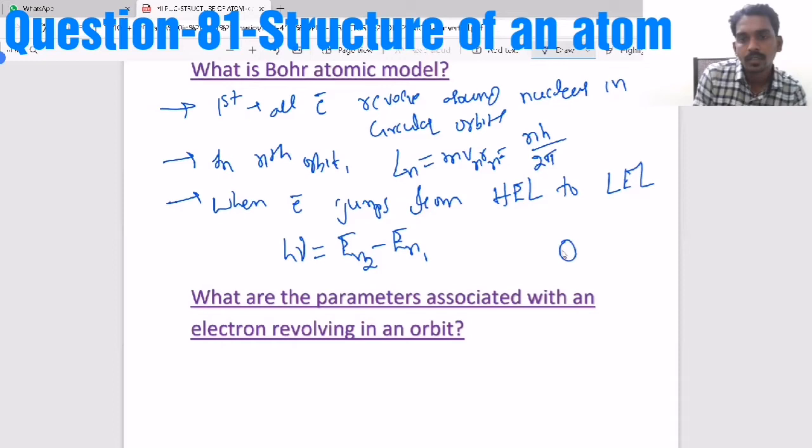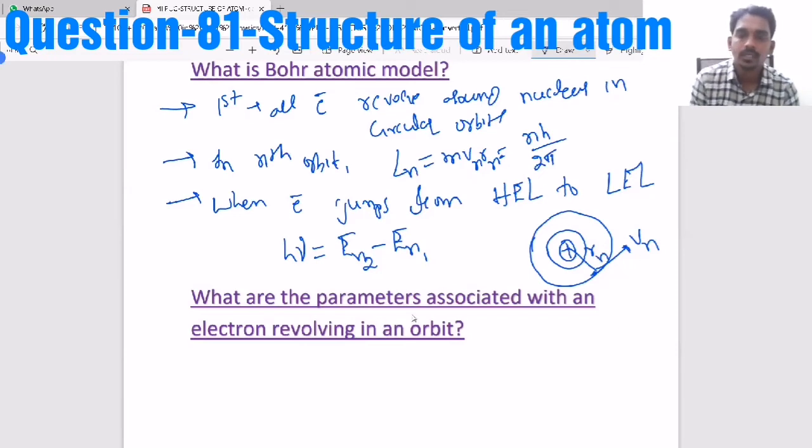So when there is a central nucleus, there are many orbits around it. In a particular orbit the electron moves with speed v_n and radius r_n. Each orbit has a particular energy, binding energy.